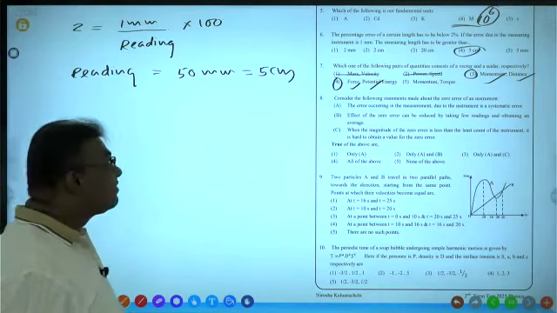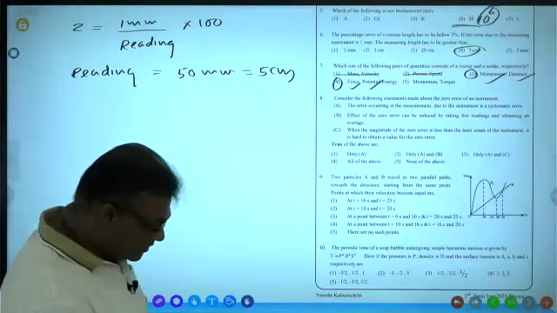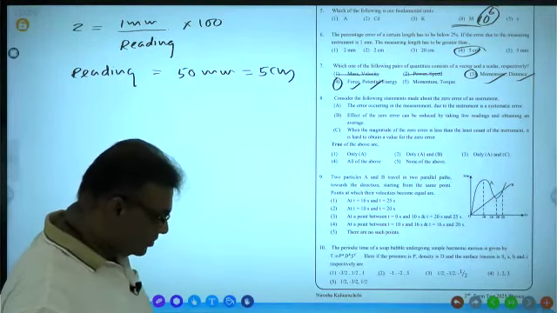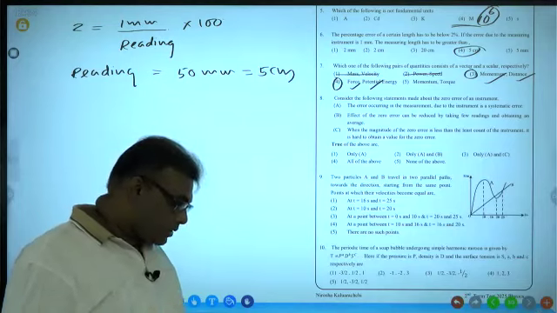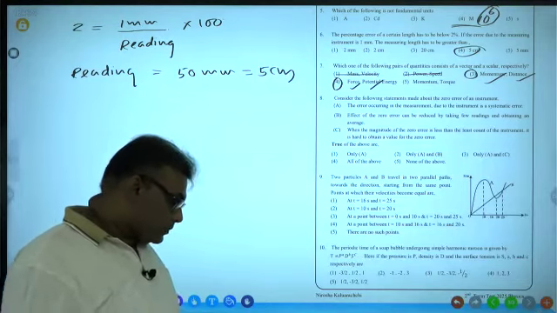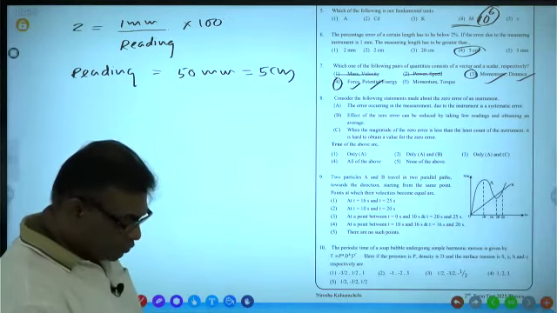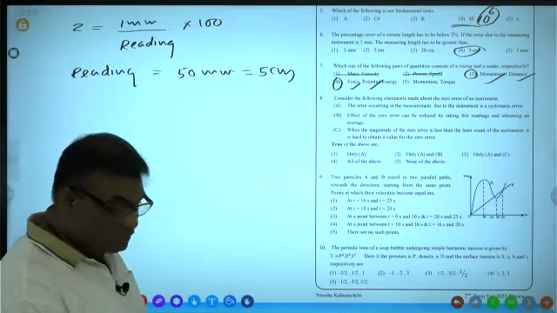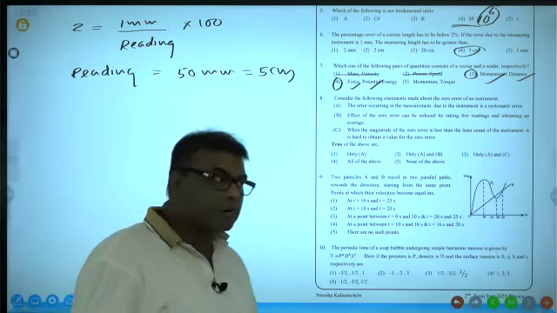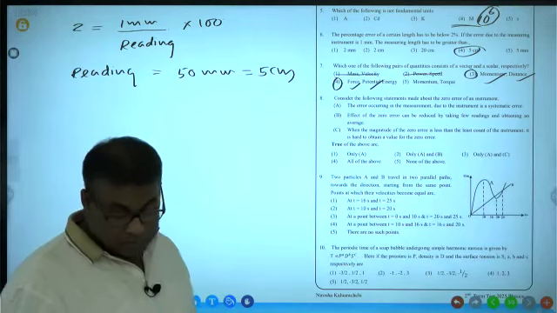Okay, question number 8. Consider the following statements made about zero error of an instrument. A, the error occurring in the measurement due to the instrument is a systematic error. Yes, systematic error, A is correct.